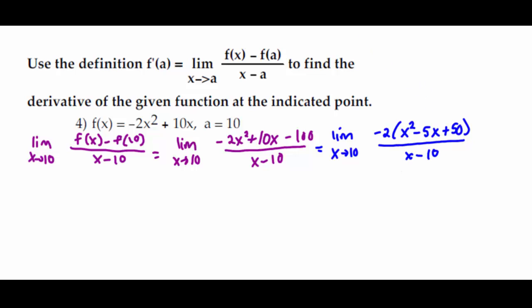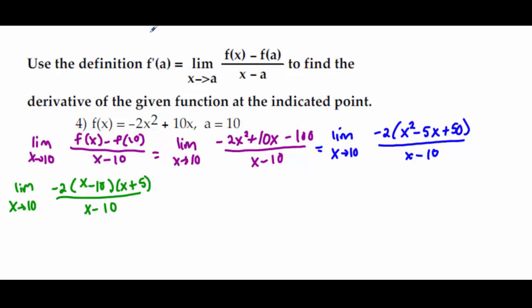My next step for factoring is going to be to factor this into two parentheses. So I need to say what multiplies to get 50 and adds to get negative 5. Notice I have to keep writing out this negative 2. It doesn't just go away. So I need to have x minus 10 and x plus 5 over x minus 10.